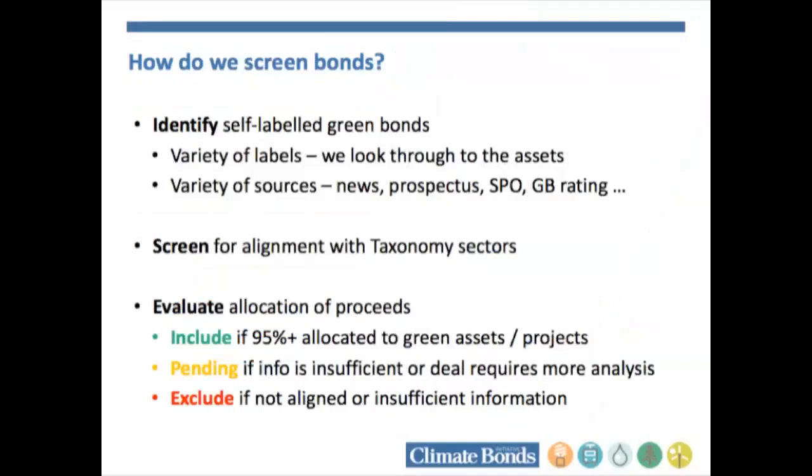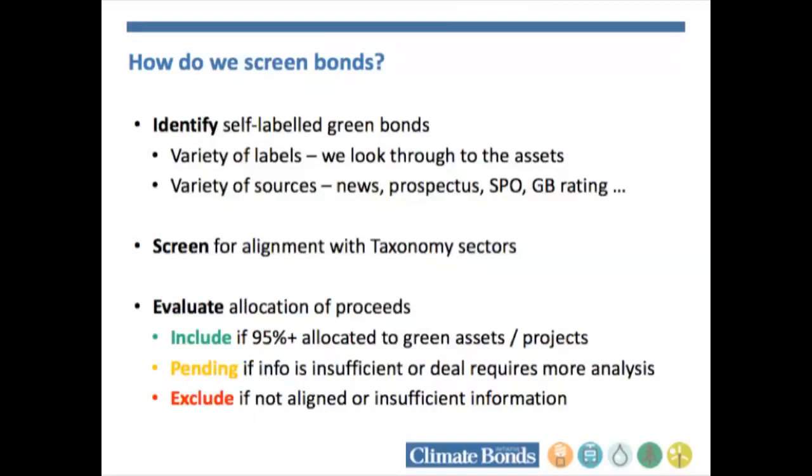So when we look at bonds, we start off by trying to identify the labeled bonds. We are not very fussed about labels, so most of the bonds we see are indeed called green bonds, but they're also sustainability bonds, climate bonds, renewable energy bonds, and so on, that may finance the same sort of asset.